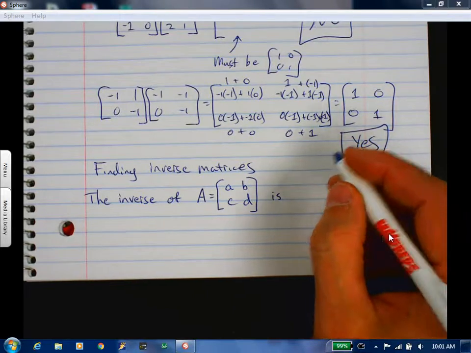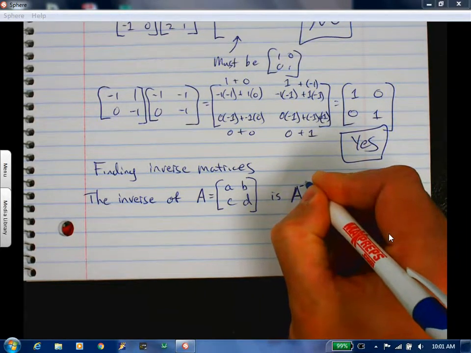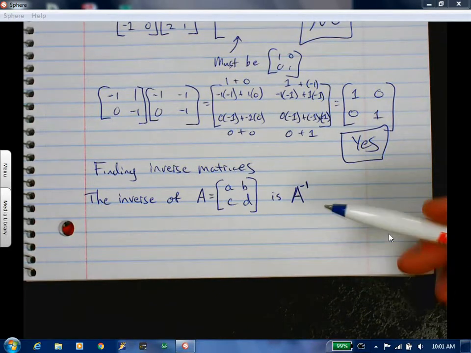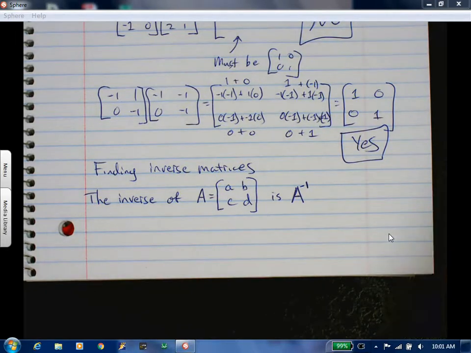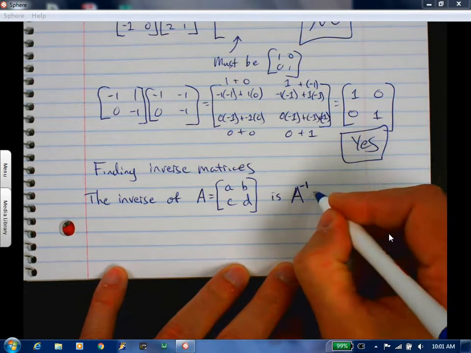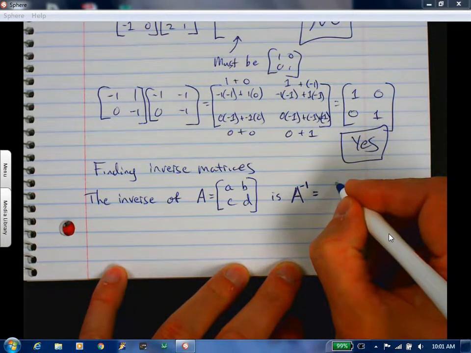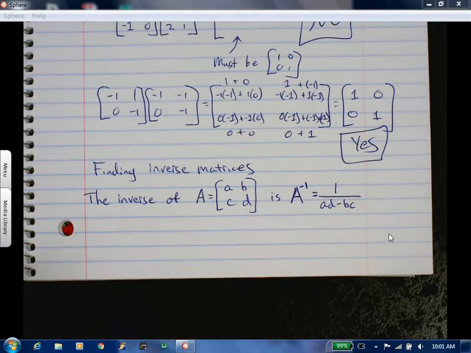The inverse of matrix A is written A to the negative first power. It gets a little bit complicated. We're going to have a scalar, 1 over AD minus BC.